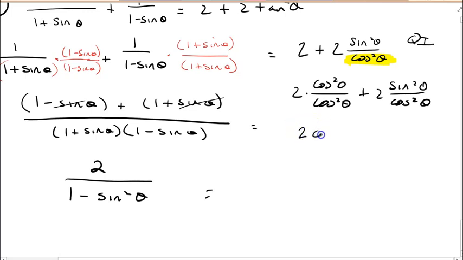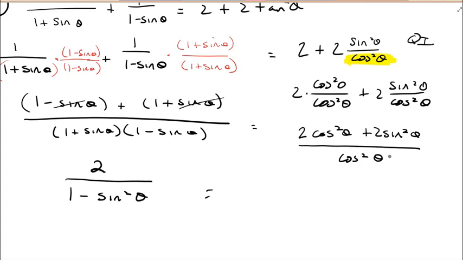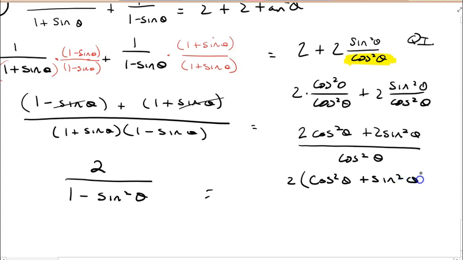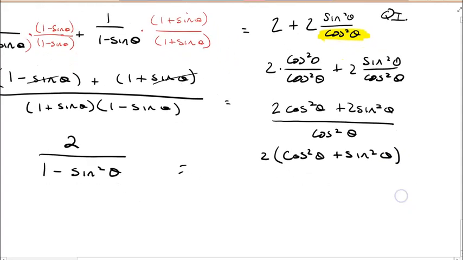I get 2 cosine squared theta plus 2 sine squared theta over cosine squared theta. And you may recognize, oh wait, that cosine plus sine is the Pythagorean identity, but before I can apply the Pythagorean identity, you need to factor out the 2. And yes, this is a long one, and you do need to show all the steps.